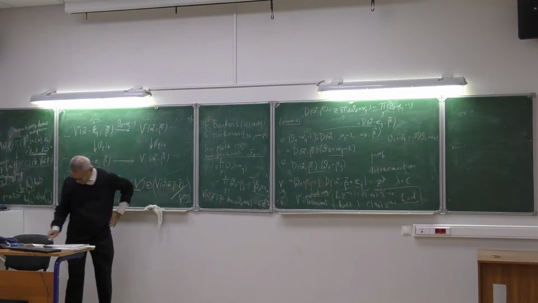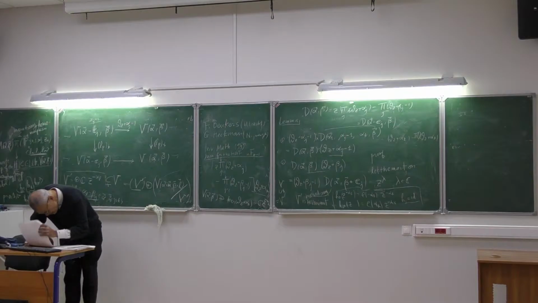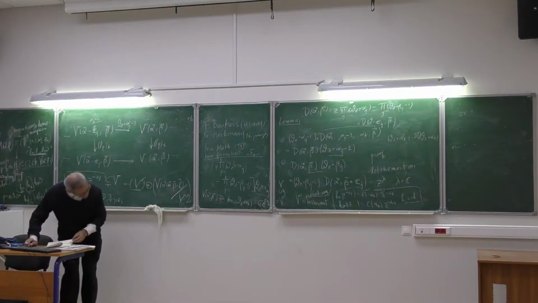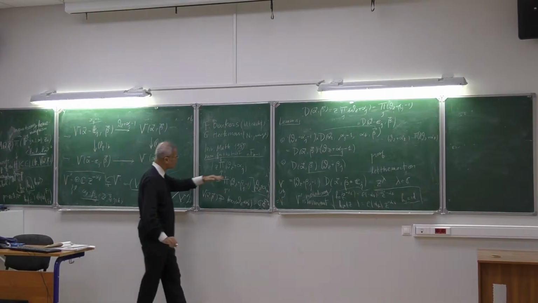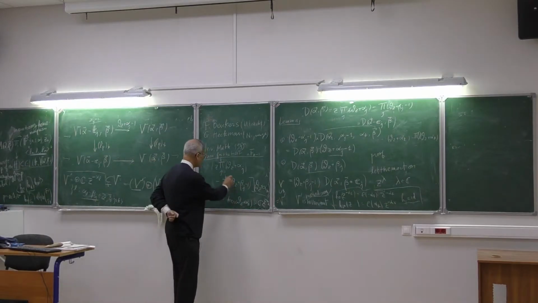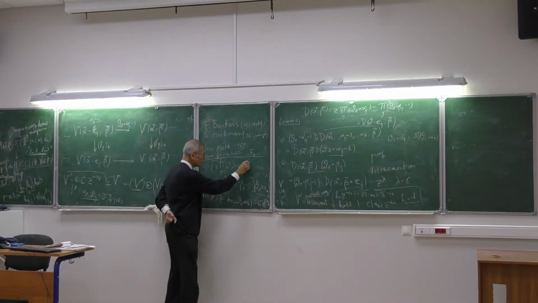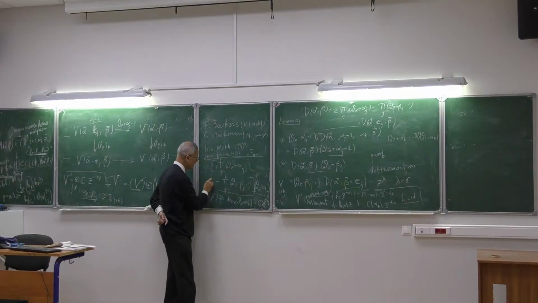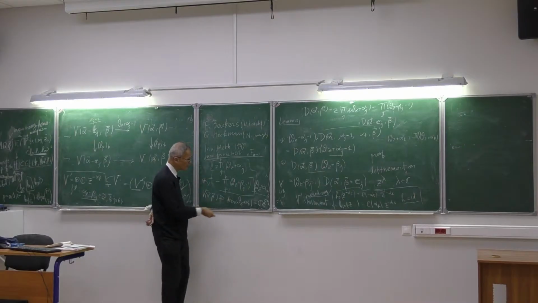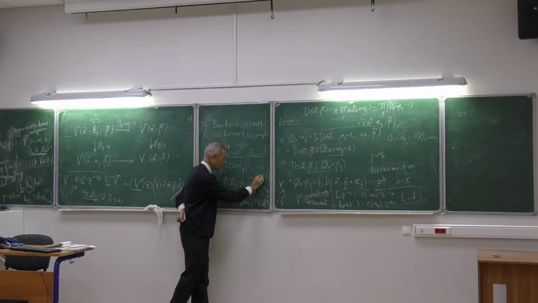Now, the important thing is that this operator, the typical case, admits factorization, factor out. This part has order k minus 1, and this is a first order operator.